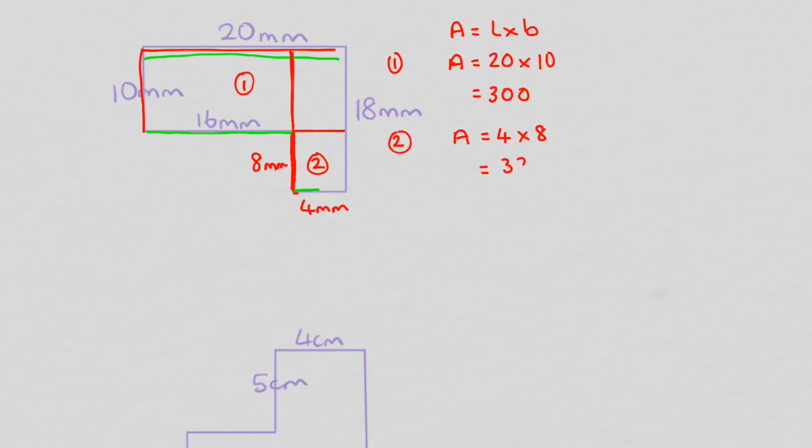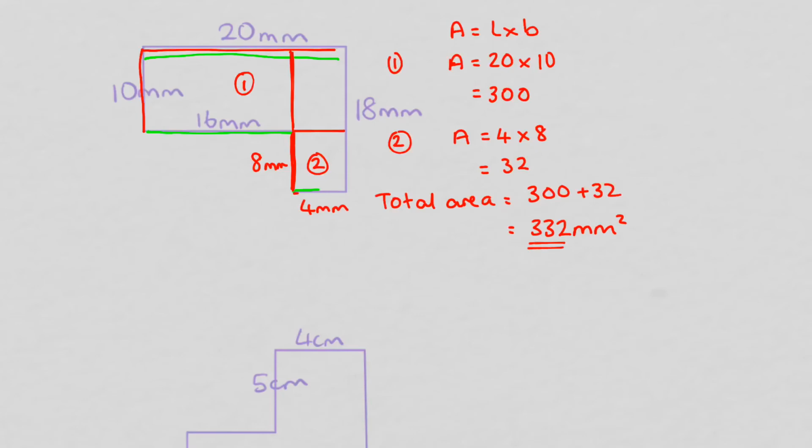So that's 32. And then the total is 300, add 32. I'm not doing that as a column sum because we can all do that. I'm not going to write it at the end because it's going to be squished up. And the units are square millimetres.